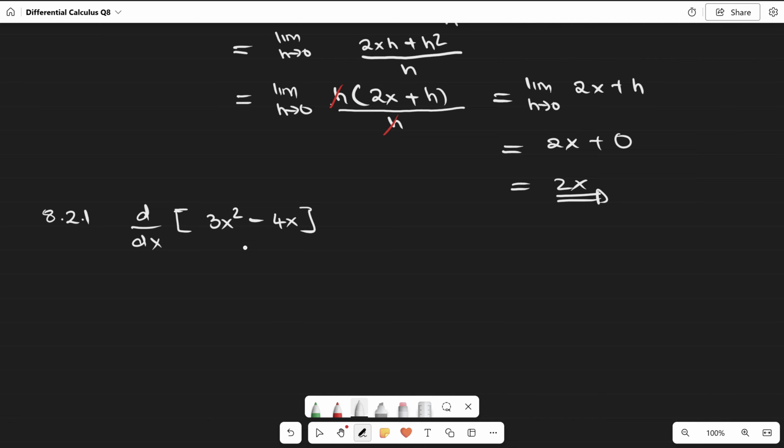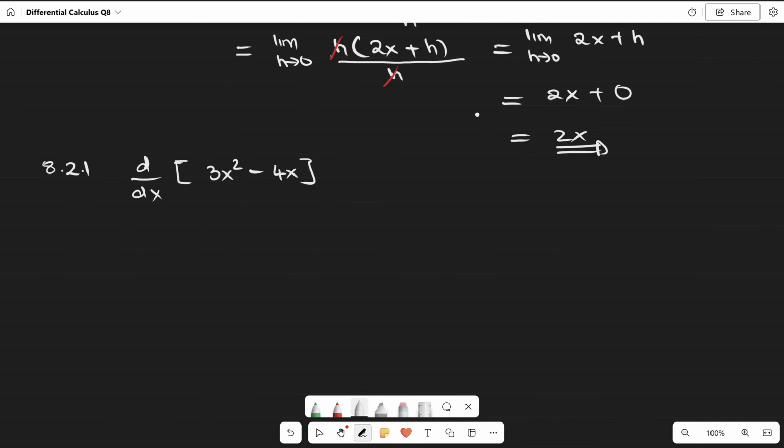How do you find the derivative of this? We know that d over dx of f of x plus or minus g of x is equal to the derivative of f of x plus or minus the derivative of g of x.